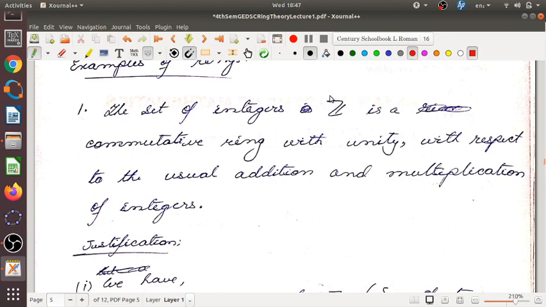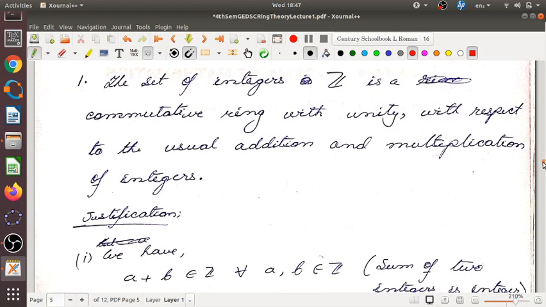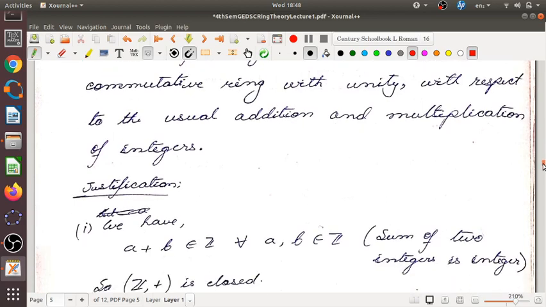In particular, the set of integers Z is a commutative ring with unity with respect to usual addition and multiplication. That's quite obvious because usual addition and multiplication satisfy these properties. In fact, these properties are taken from the concept of usual addition and multiplication. So how to justify that the set of integers Z is a commutative ring with respect to the usual addition and multiplication? You just have to list the properties.